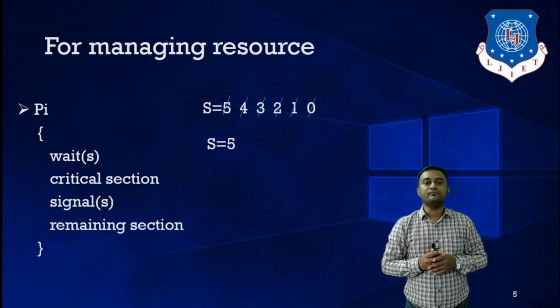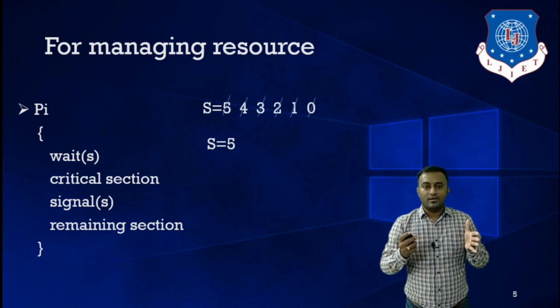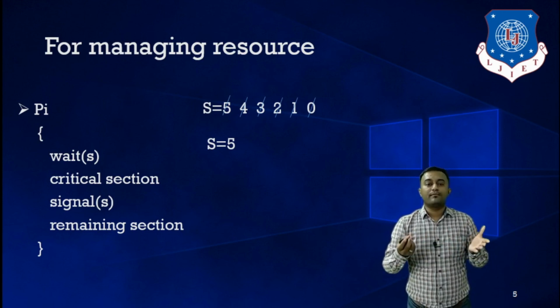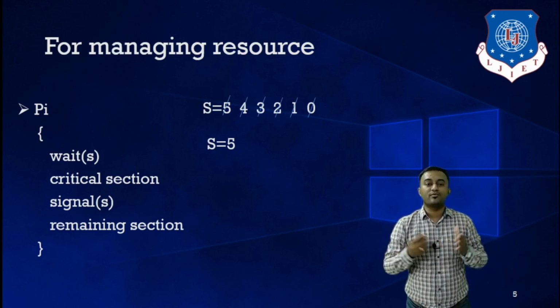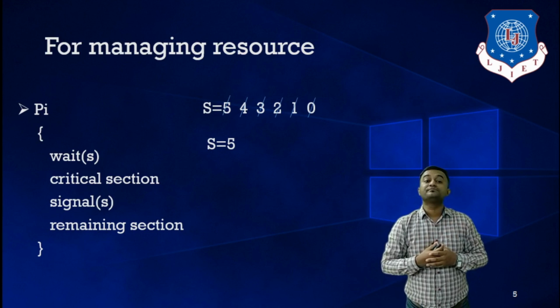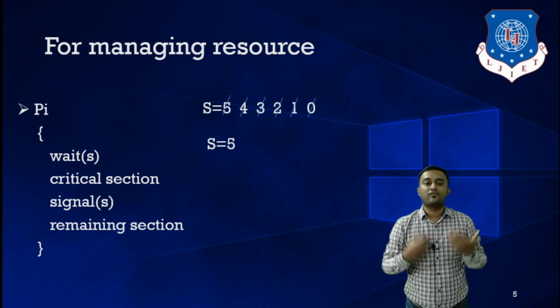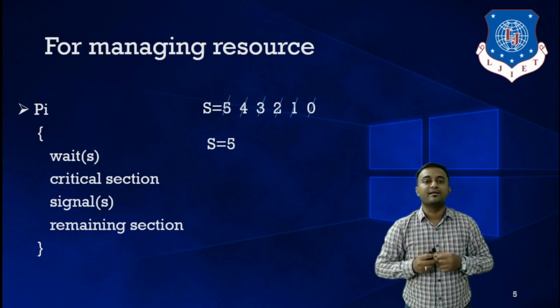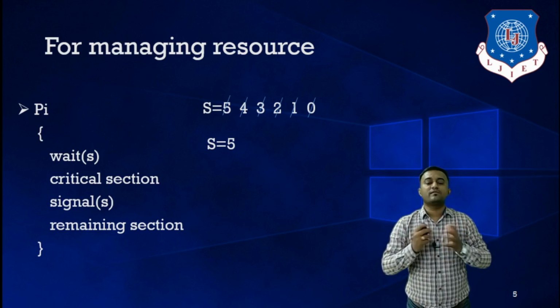Once the 5 processes have entered the critical section, they can access the shared resources and perform their operations concurrently. In this way we can manage the resources.